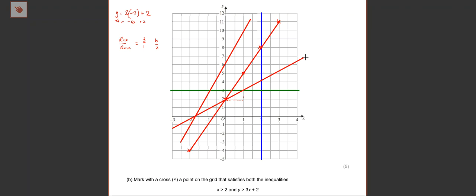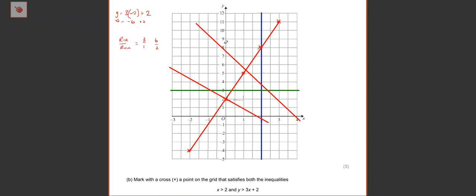It goes through +2. It's a positive gradient, but still 1 mark. If the line does that, nothing. If the line does that, 1 mark because it does go through +2. So lots of options to get marks even if you get it wrong. Lots of marks available for that question.